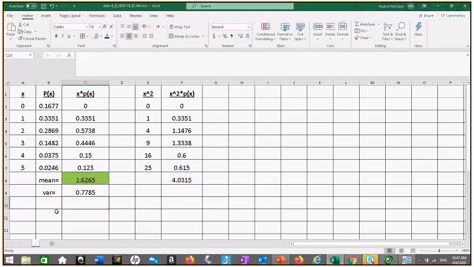And that's your variance, and the standard deviation is the square root of that. So that's going to equal this number raised to the 0.5 power. Okay, so our variance is equal to 0.7785, and our standard deviation is equal to 0.8823.